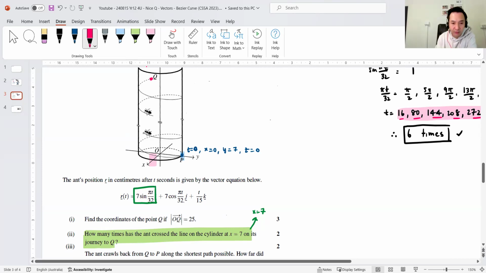It's crawling back to P, so what's the shortest way? Because it's in the negative, it's probably going along the arc down there somehow, and so it makes that sort of shape.